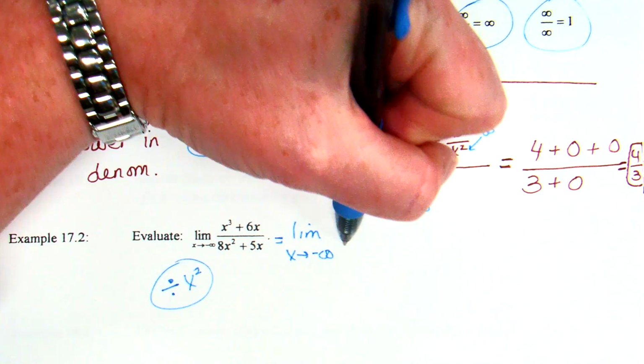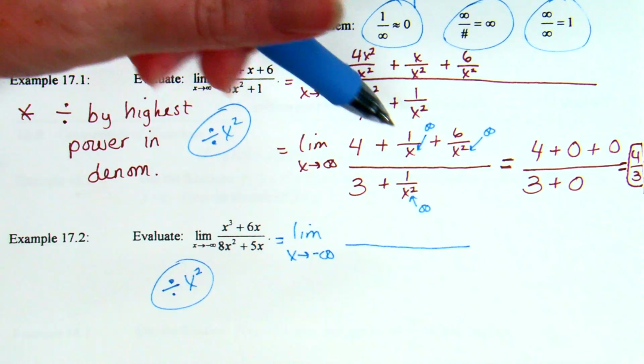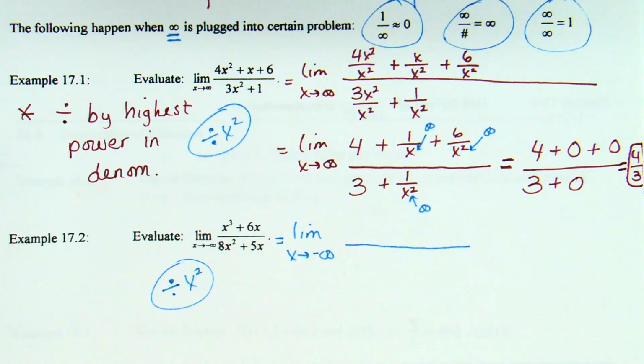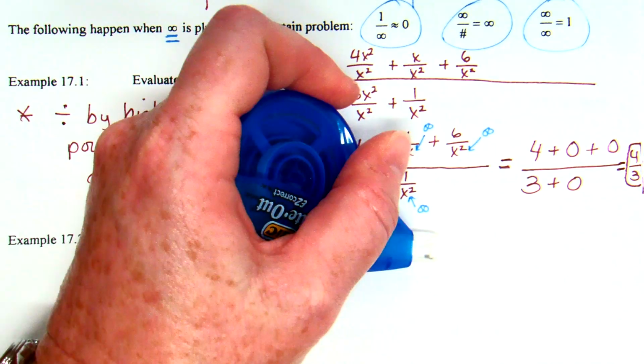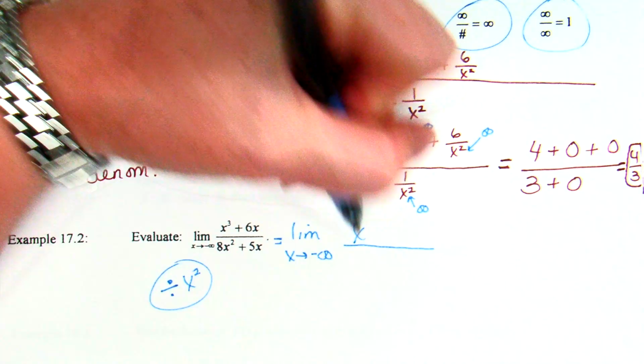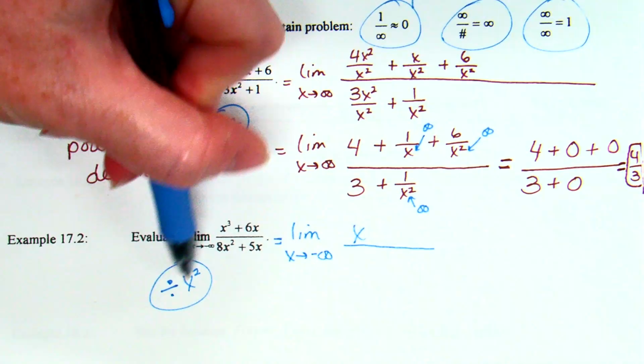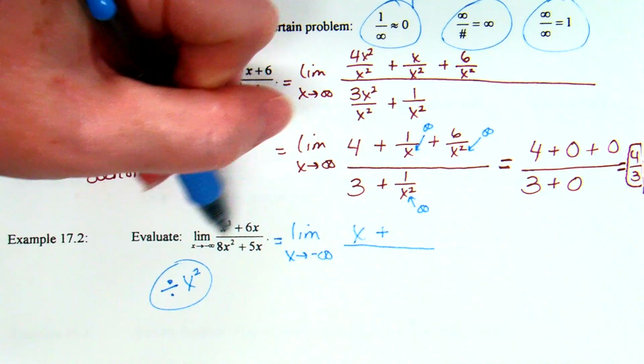So, I'll talk you through it here, but think about this. X cubed divided by x squared. What is x cubed divided by x squared? X. You guys with me? X cubed divided by x squared is x. Plus, what is 6x divided by x squared?